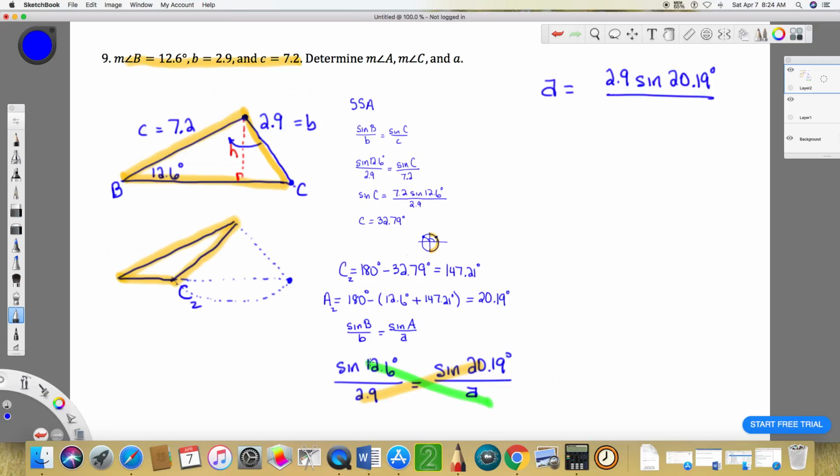Along the green diagonal, we have 12.6 times A, but we need to get that A by itself. So instead of multiplying by sine of 12.6, we immediately divide it. And this is going to tell us the length of A, and we'll be done.